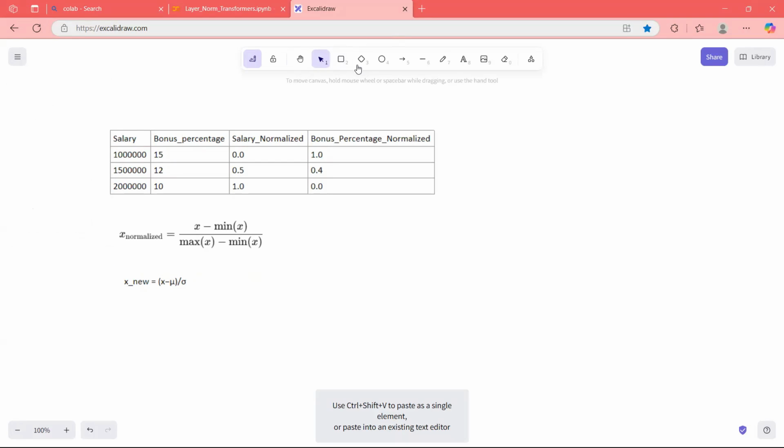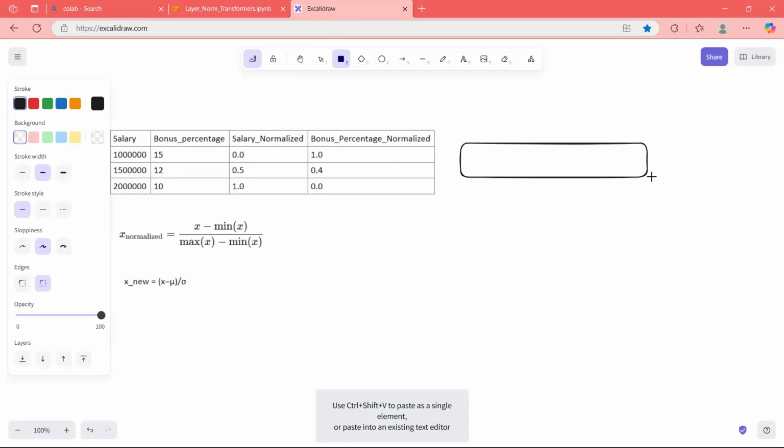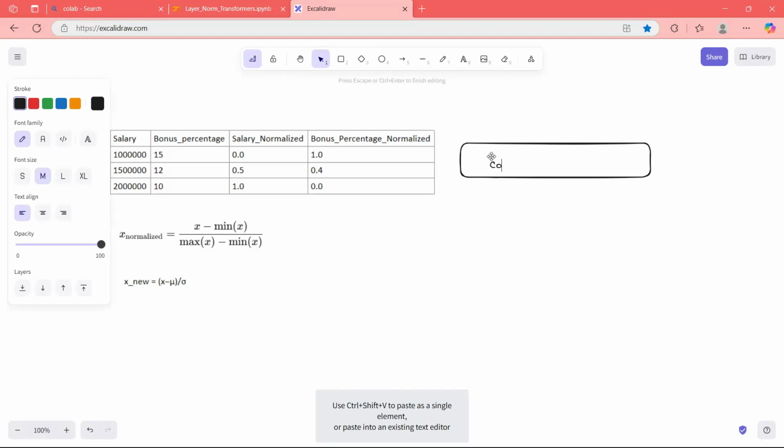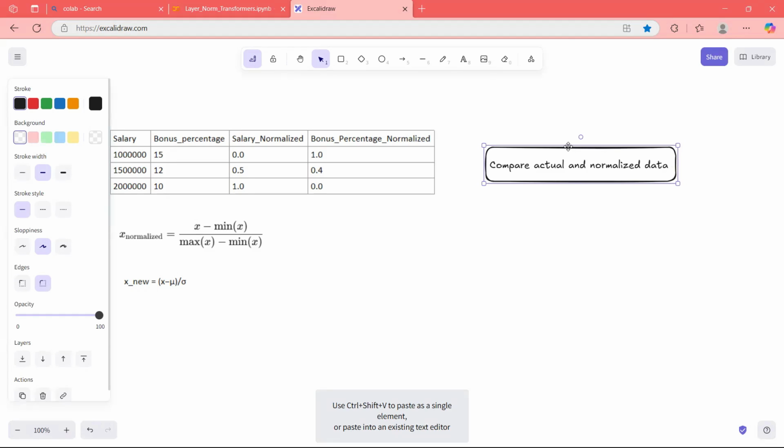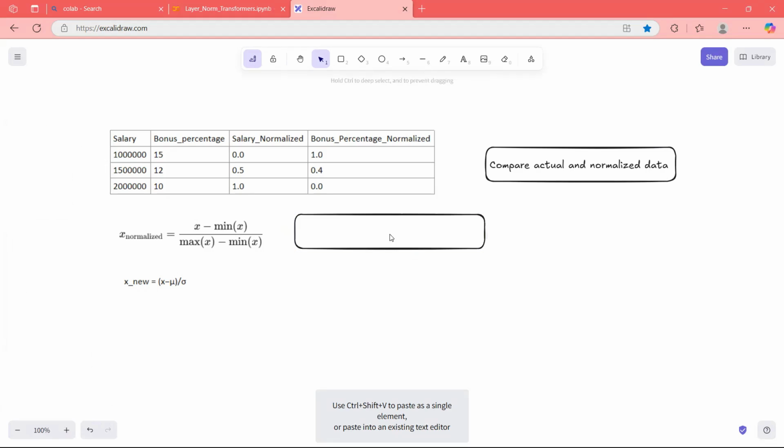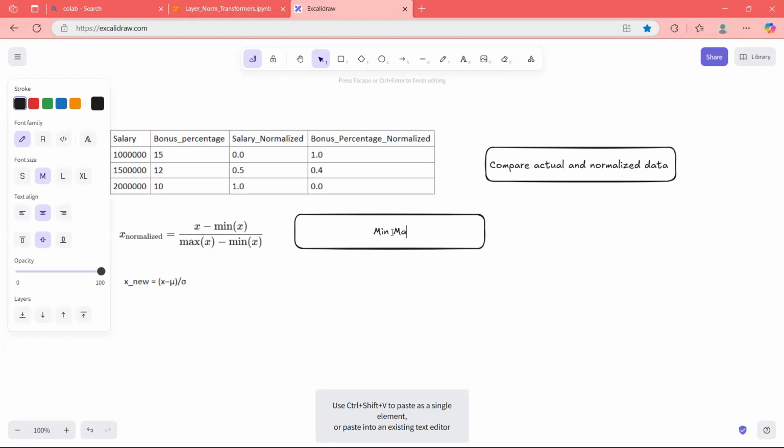So I will write here, compare actual and normalized data. Fine. And then this is basically your min-max scaling or normalization.